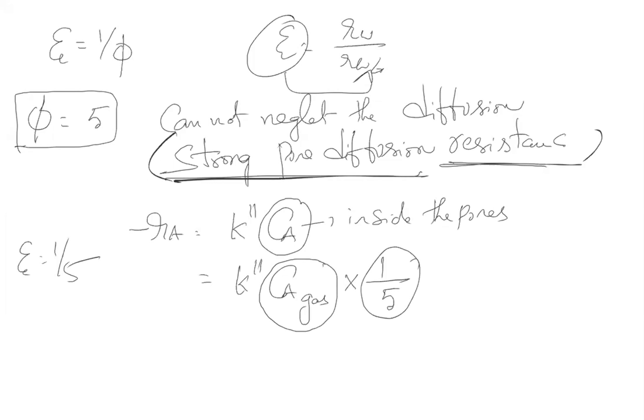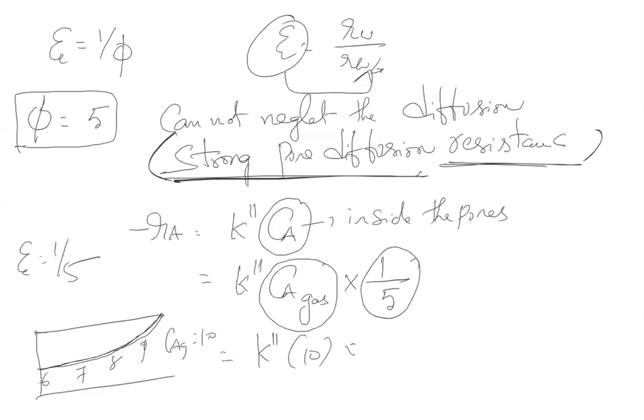Suppose if Ca in the gas is 10, then this is how the concentration inside the pore is dropping. Ideally, this is 9, this is 8, this may be 7, this may be 6. I have to substitute the average. Since I can't measure the average, I multiply 10 with 1 by 5.